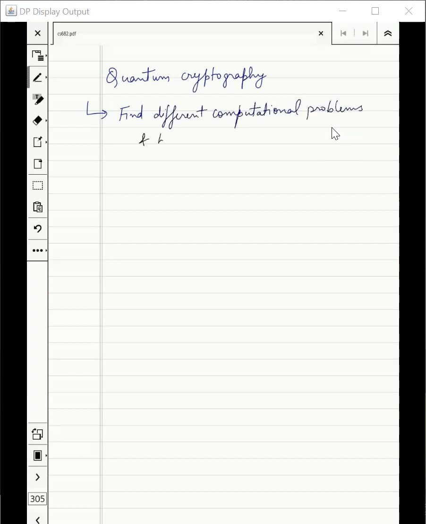And base cryptographic, or I should say encryption protocols, generally through lattice problems.